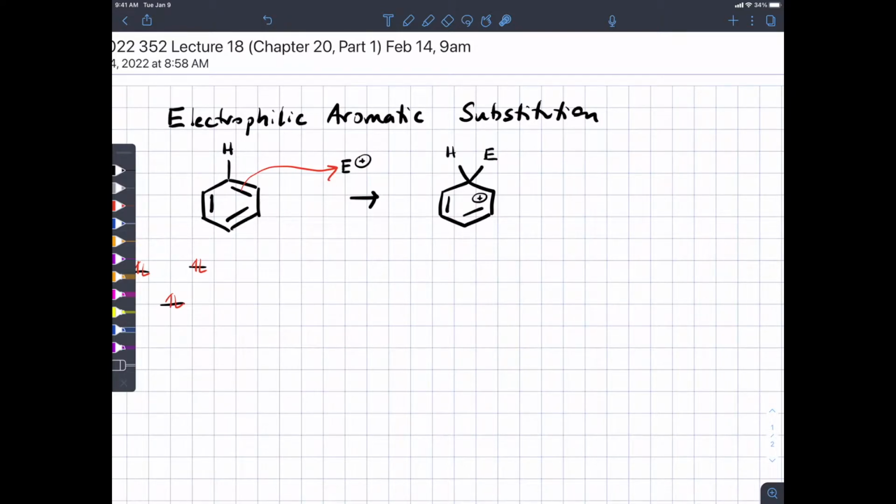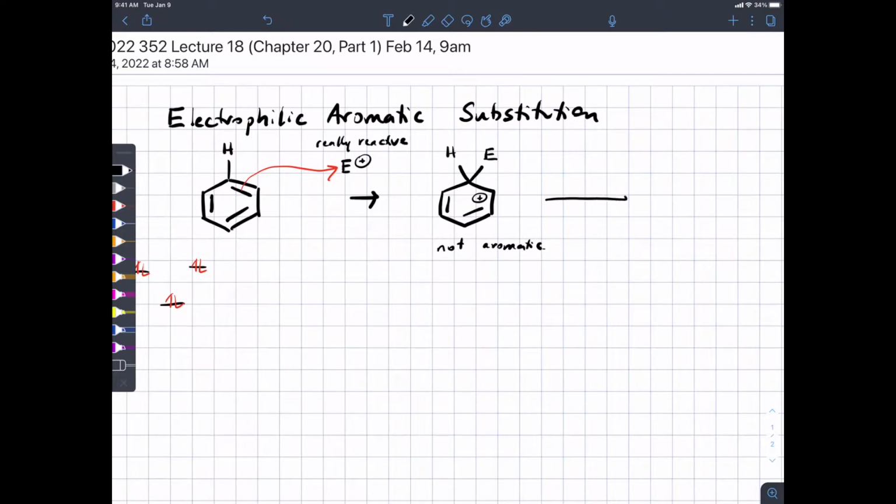It's resonance stabilized, but the big problem here is it's not aromatic. So you can imagine losing aromaticity here is very costly energetically. This is a high energy intermediate, so your electrophile needs to be really reactive. And so we're going to show you some electrophiles today that you haven't encountered before, but they're super electrophiles.